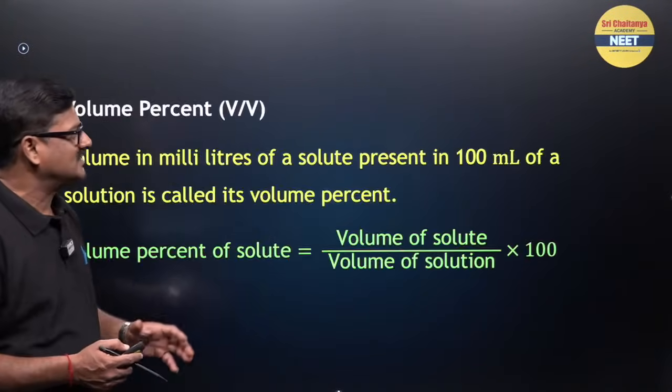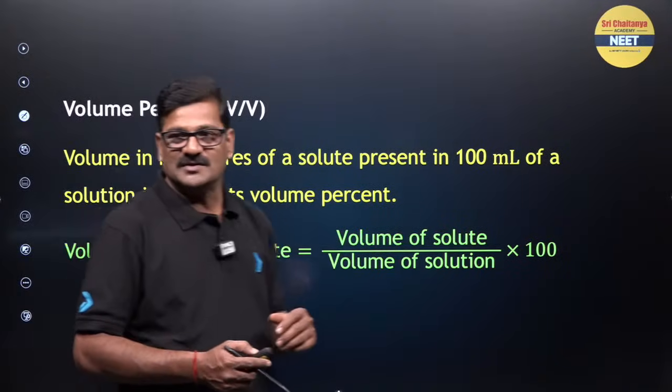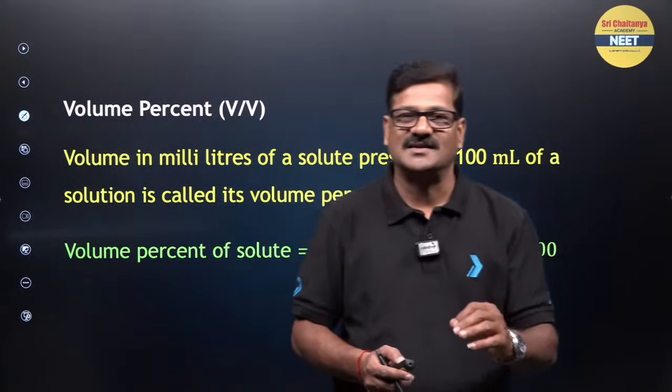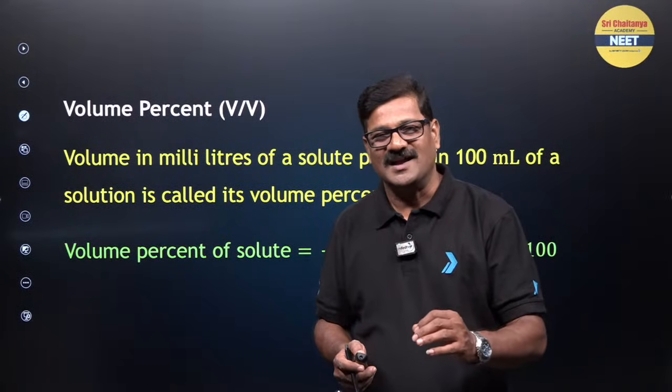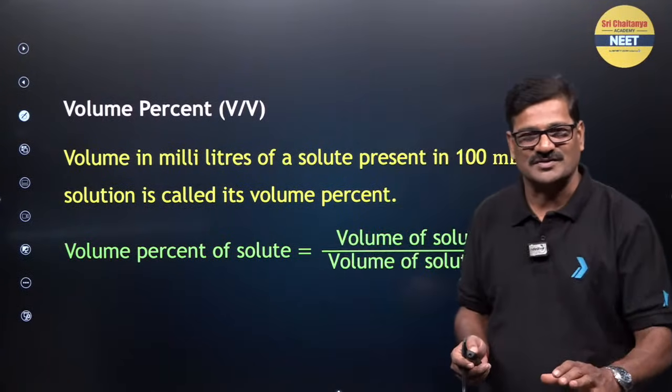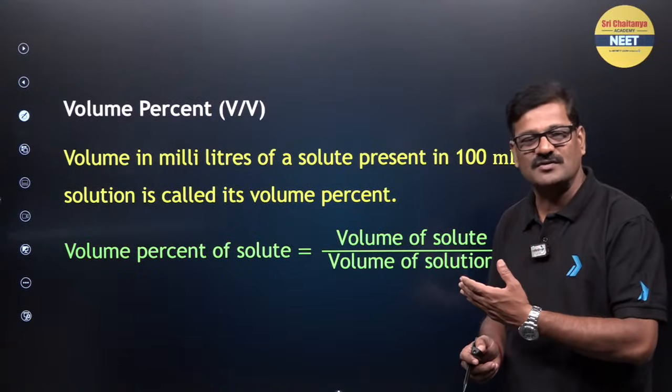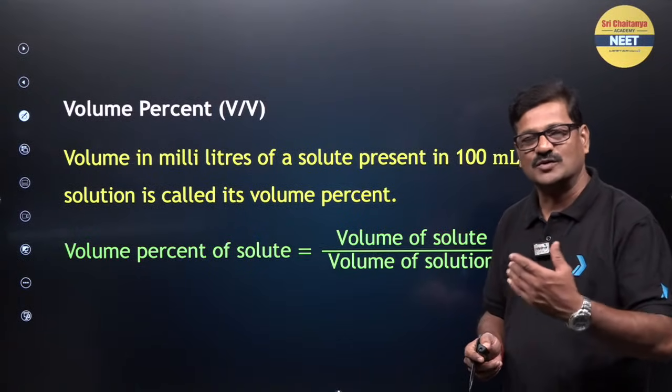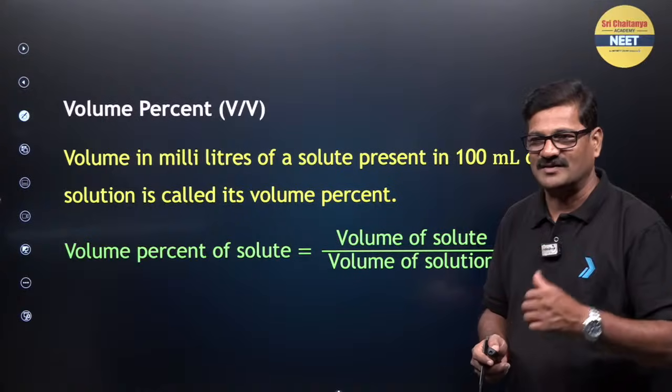And also V by V: the volume in milliliters of solute present in 100 milliliters of solution. It is exclusively used when both solute and solvent are liquids, right?